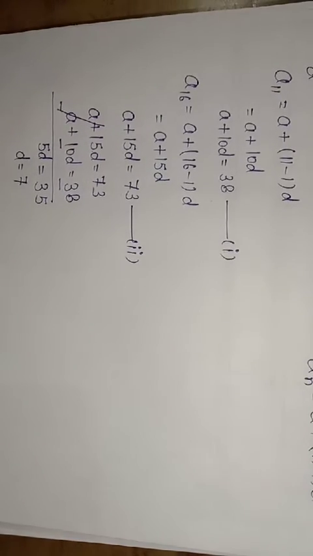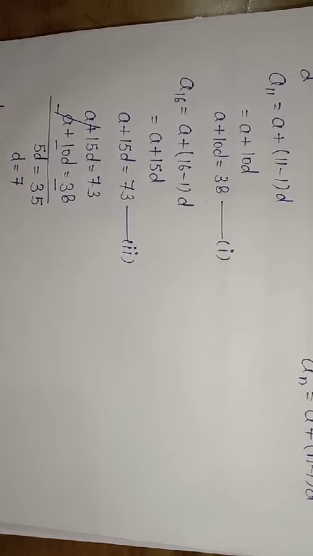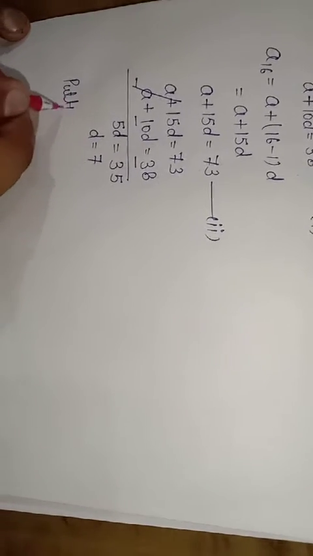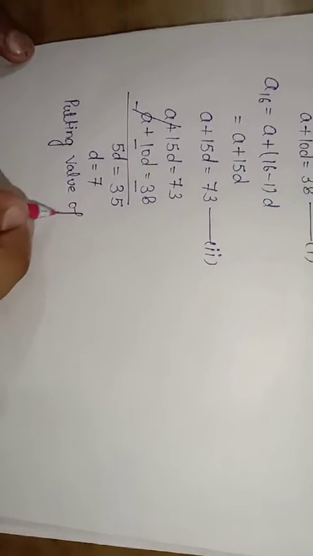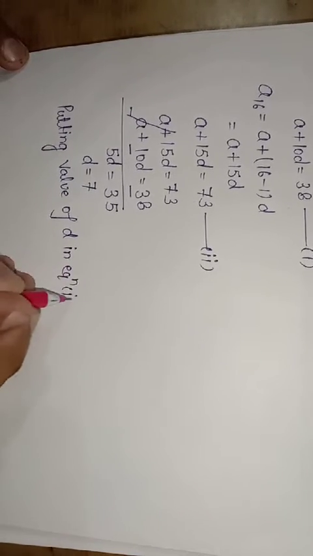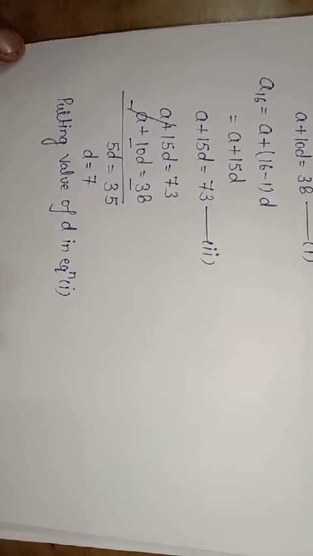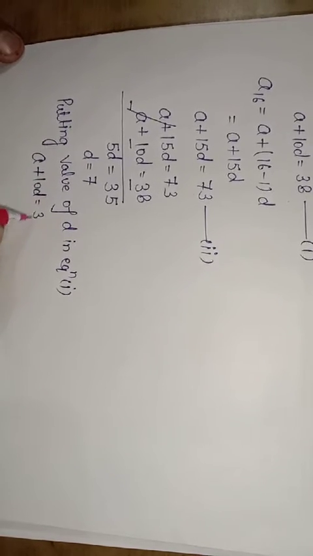Now putting the value of D in equation 1. Students, what did you do? You put the value of D in equation 1. Equation 1 is A plus 10D equals 38.